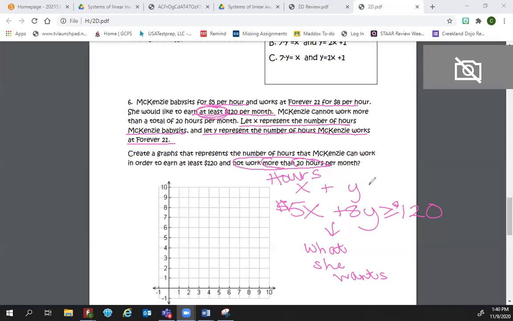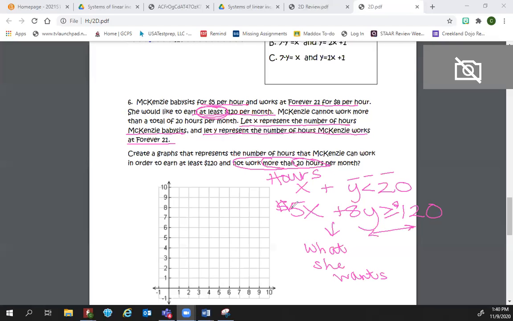So they have to be less than 20. Okay. And if it was less than or equal to, you would put the little line under there, so that would be solid. This is going to be a dashed line when you graph it, and this is going to be a solid line when you graph it, right?